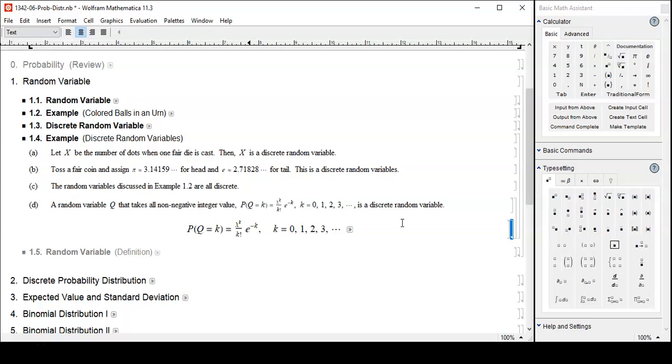But I want to use it as an example that discrete does not always mean finite. Here we can get arbitrary positive, actually non-negative integer values. K value can be 0, 1, 2, 3, 4, 5, 6, it goes on forever. Still, they're all discrete. All those integers are apart a certain distance.